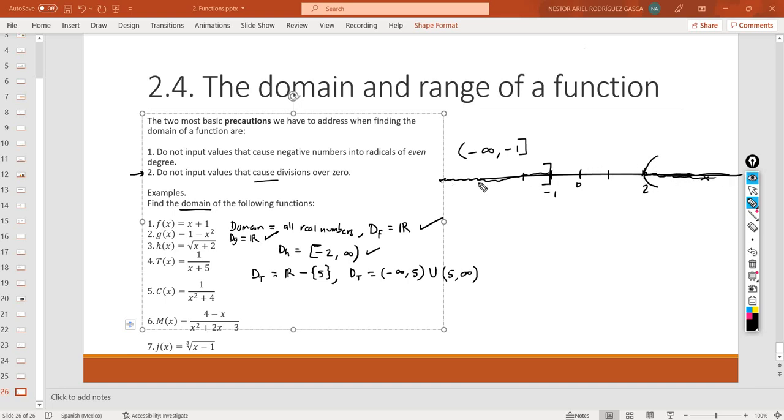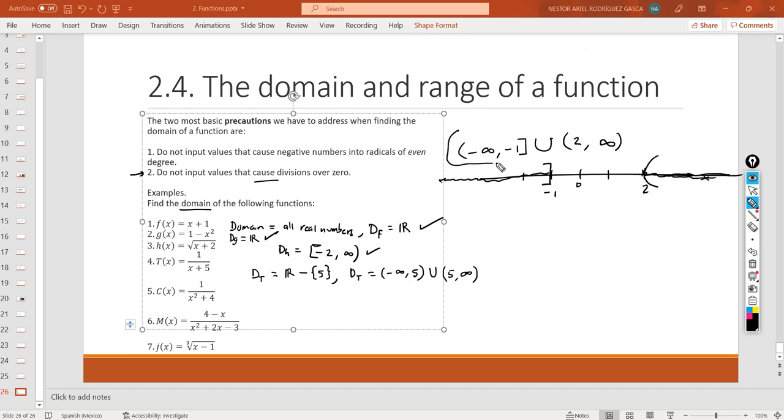So if I want to talk about this, the addition of this and this, I need to write the following: union, 2 excluding and then positive infinity.